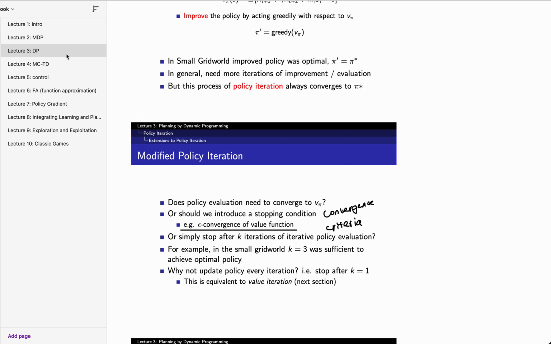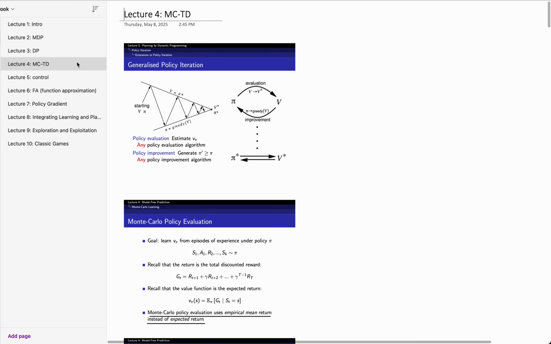In this lecture, he used dynamic programming because all the parameters of the environment are known to the agent, so you can use dynamic programming. But what if the environment is unknown? In lecture 4, he introduced the idea of Monte Carlo evaluation and learning, and temporal difference learning, also known as TD learning.